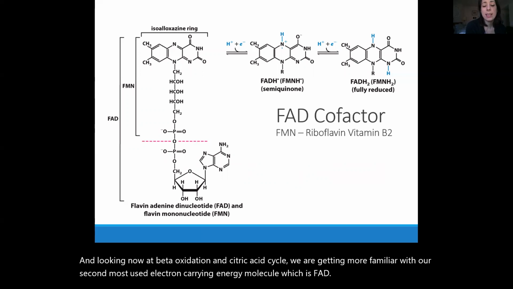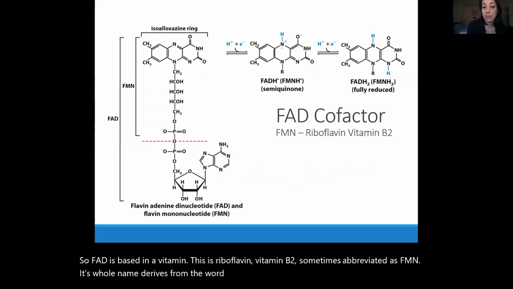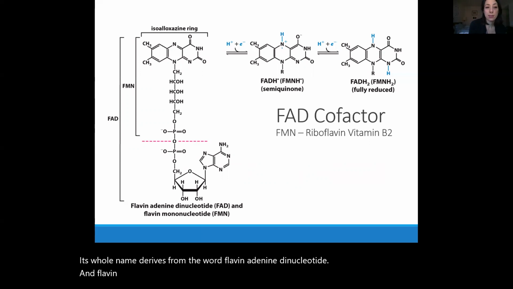So FAD is based in a vitamin. This is riboflavin, vitamin B2, and the flavin mononucleotide is sometimes abbreviated as FMN. Its whole name derives from flavin adenine dinucleotide and flavin mononucleotide. So when it is the full FAD, it is the flavin adenine dinucleotide.